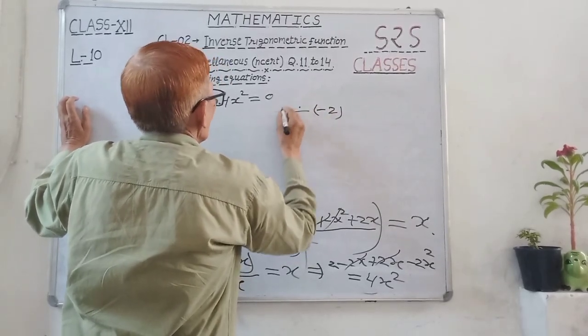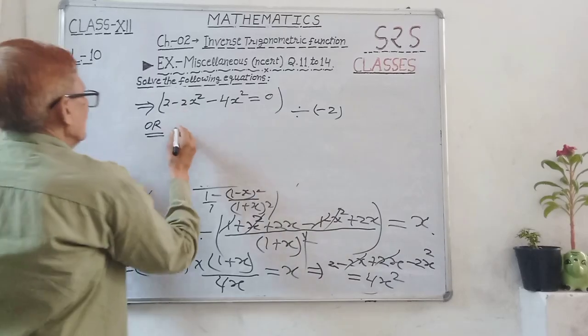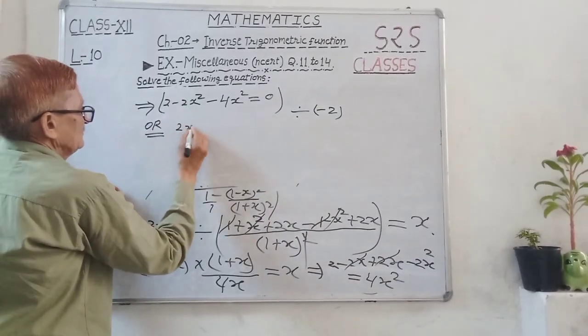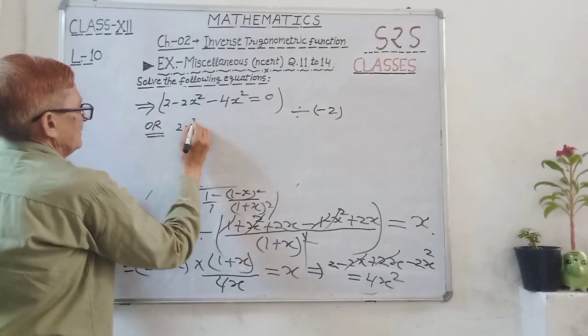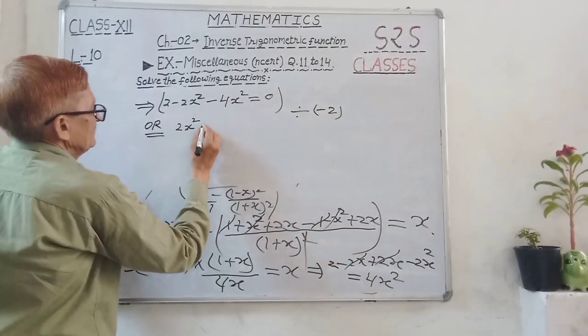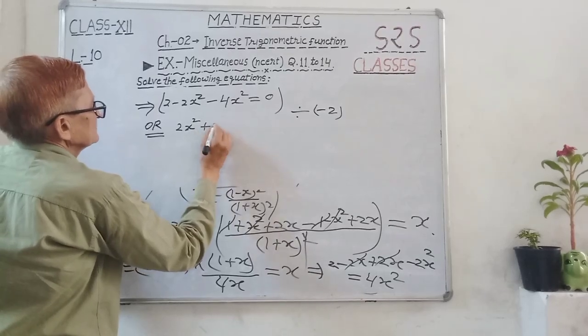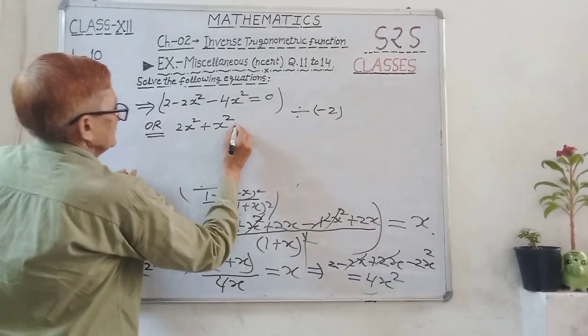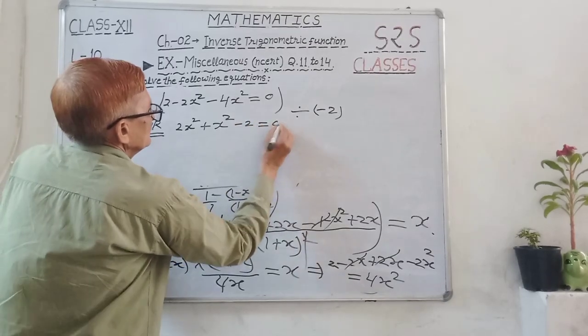Okay, to whole. Then what will come? Divide by minus 2. So it is 2x square positive will come, and this negative will be positive and divide by 2, then only plus x square. Okay, and then it is minus 2 equal 0.